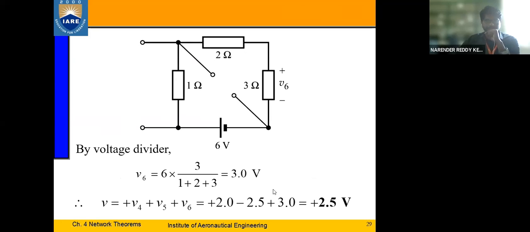So this is case 3, where we assume that the current sources are open circuited and we have only one voltage source in the circuit. Now we need to find the voltage drop across this resistor, right? When these current sources are open, all these resistors are connected in series.